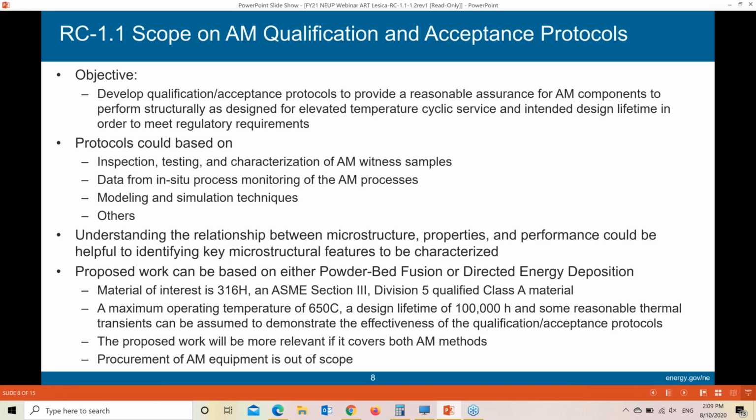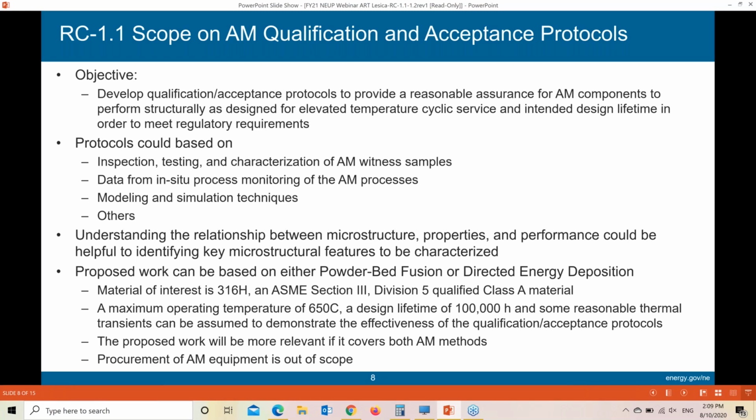We also put our focus on alloy 316H, which is a qualified material in ASME Section 3, Div 5. It is also of interest to reactor designers of several different reactors, so it would have widespread use throughout the different reactor designs.